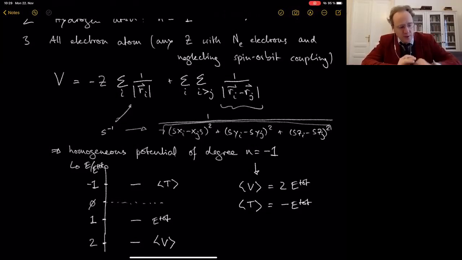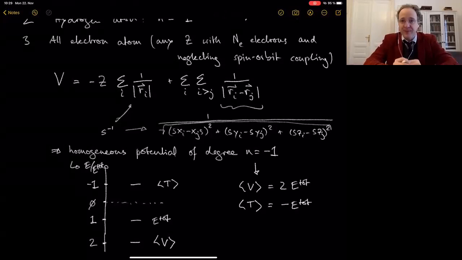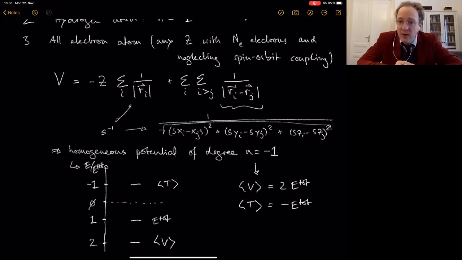What we will do now is to discuss the chemical bond in terms of this Virial theorem, and we will see we can gain an understanding of how kinetic and potential energy add up such that you obtain chemical bonding.